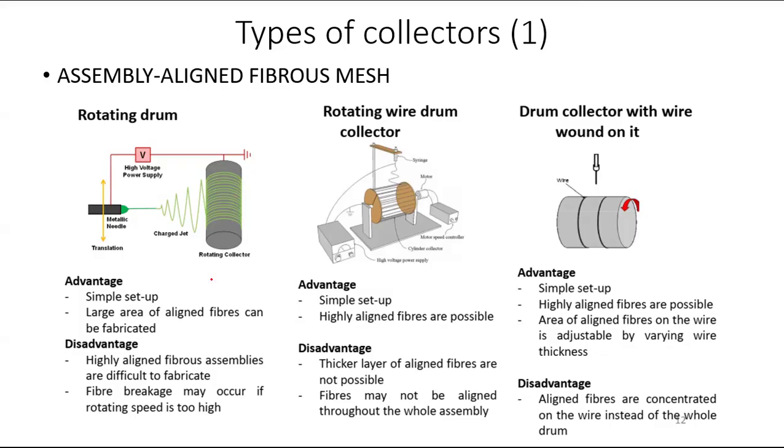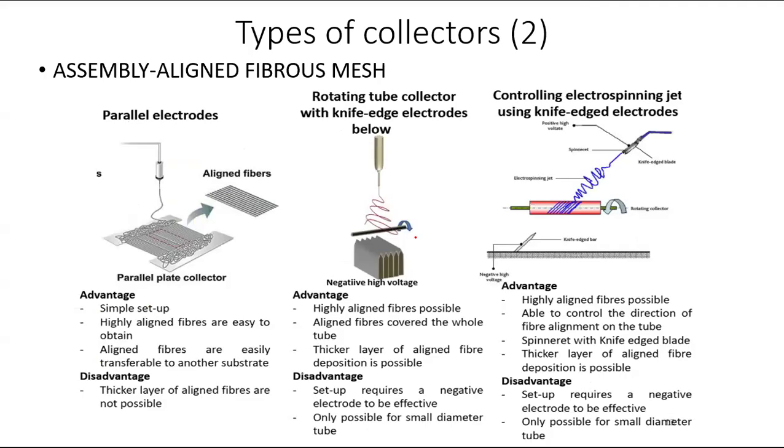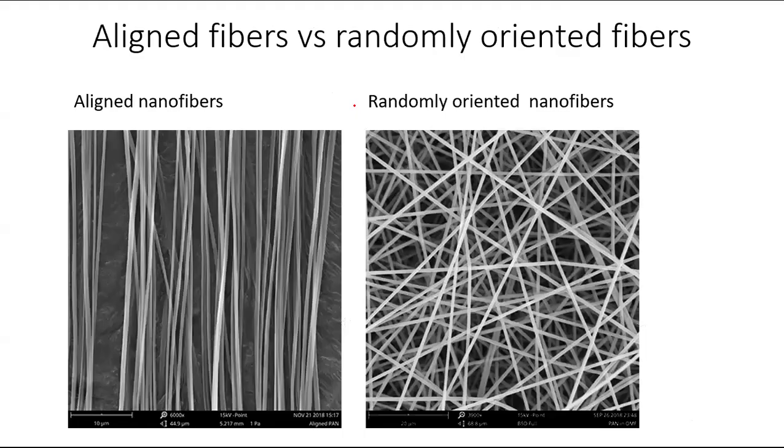I have given, for each methodology and each format, the advantages and disadvantages when it comes to assembling an aligned fiber mesh. So you can go through the lecture notes and learn the advantages and disadvantages of these collection methodologies depending on the type of collector.